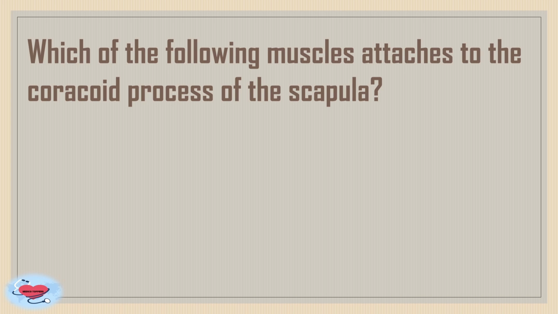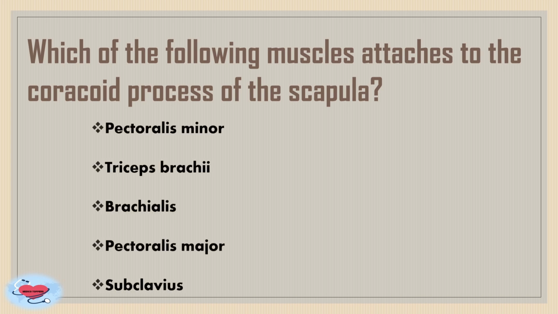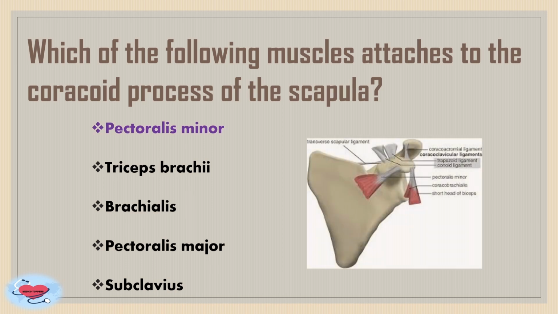Which of the following muscles attaches to the coracoid process of the scapula? Options are pectoralis minor, triceps brachii, brachialis, pectoralis major and subclavius.